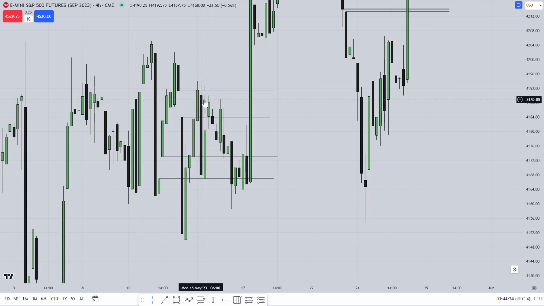Is this imbalance balanced yet? No, it is not balanced. You see this bull candle, then the bear candle, but there is a little inefficient place where we need a bear candle. So this imbalance is not balanced yet. When does it get balanced?